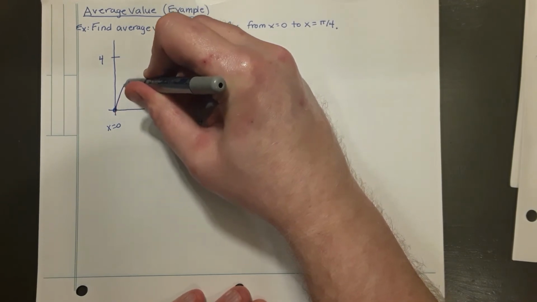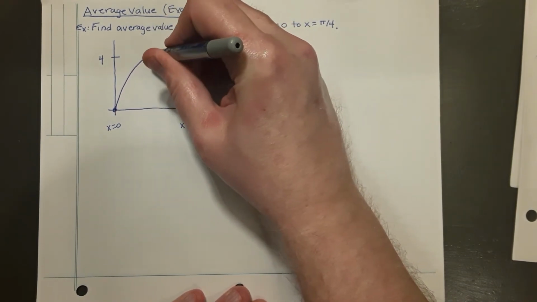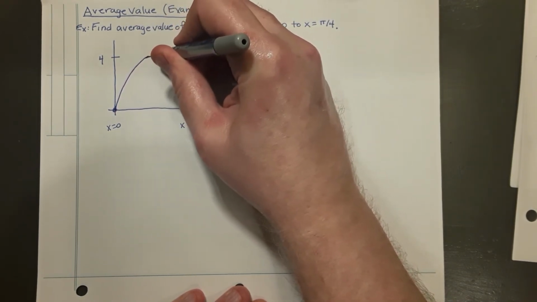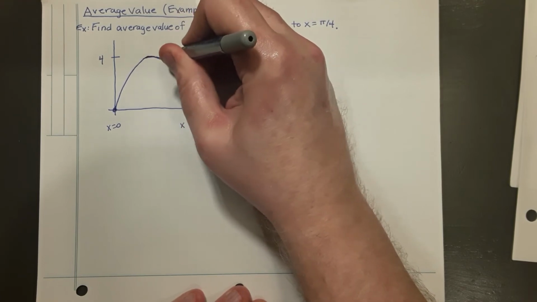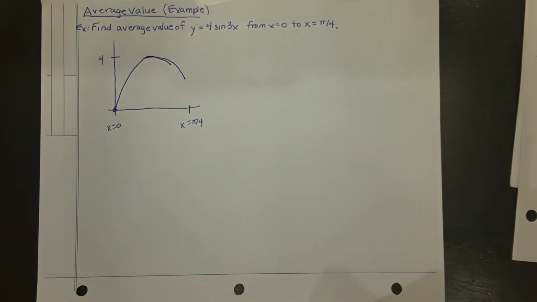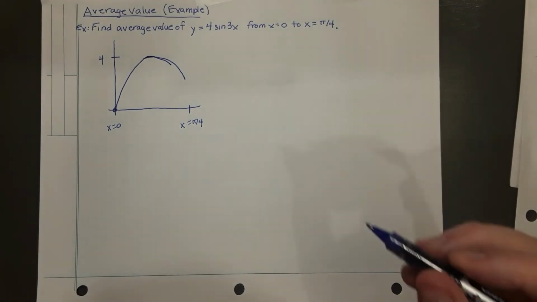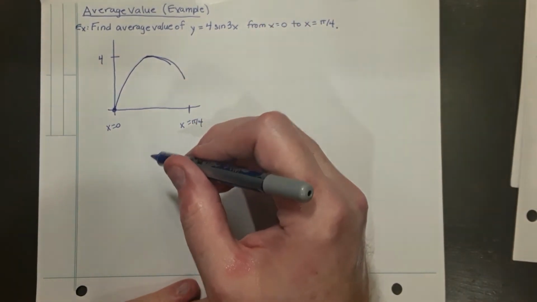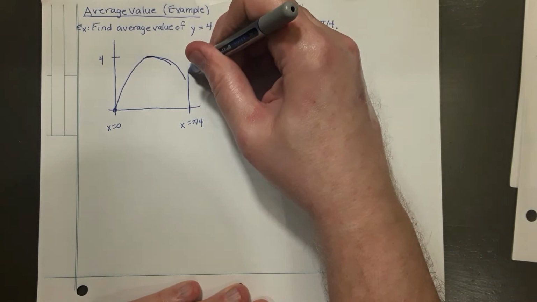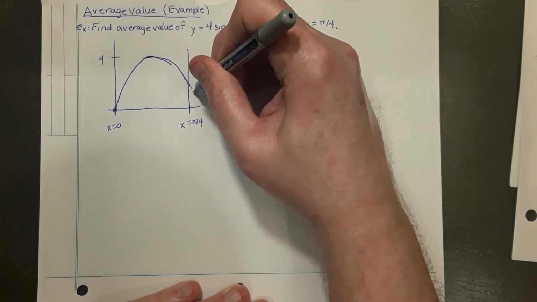So it's going to go up, go past its maximum at 90 degrees and be on the way down on the other side at 135 degrees.